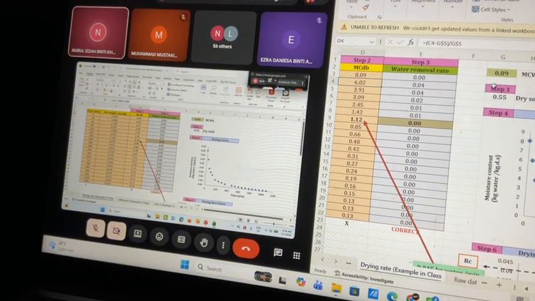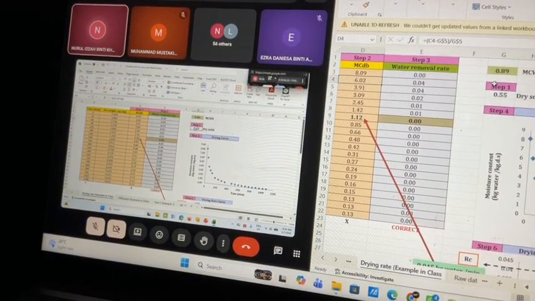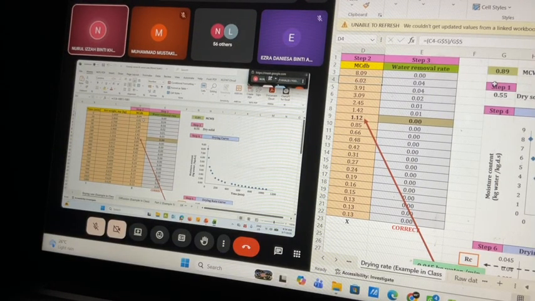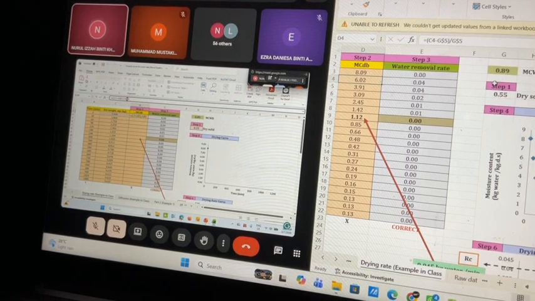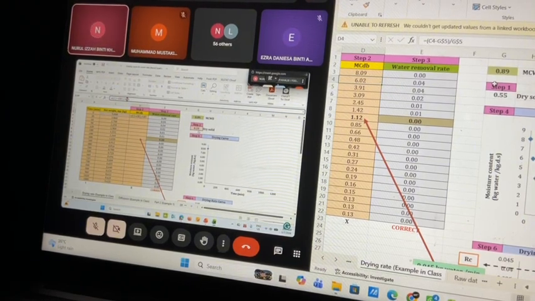To make sure this is the dry solid, for example here where I don't have it, you have to make sure that you put this dollar sign. Okay, dollar sign, because you want to make sure that every time it minus this 0.55, it actually goes for 0.55.